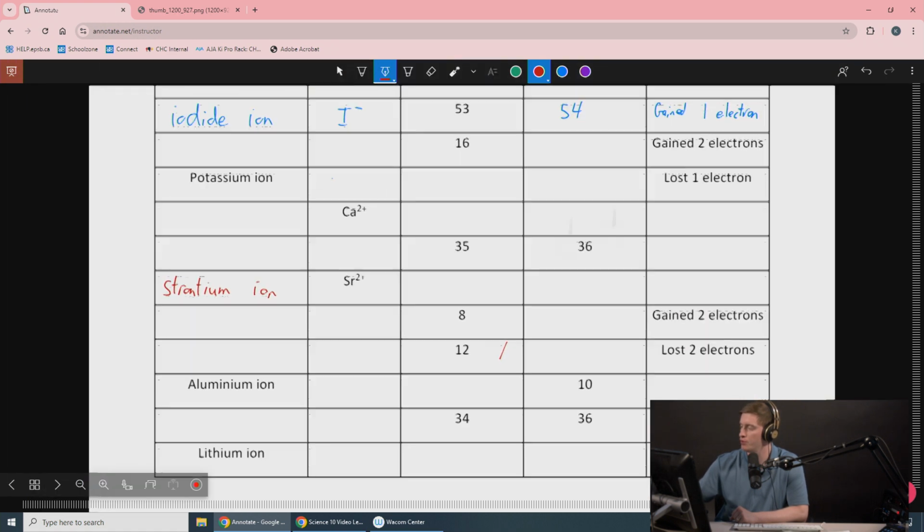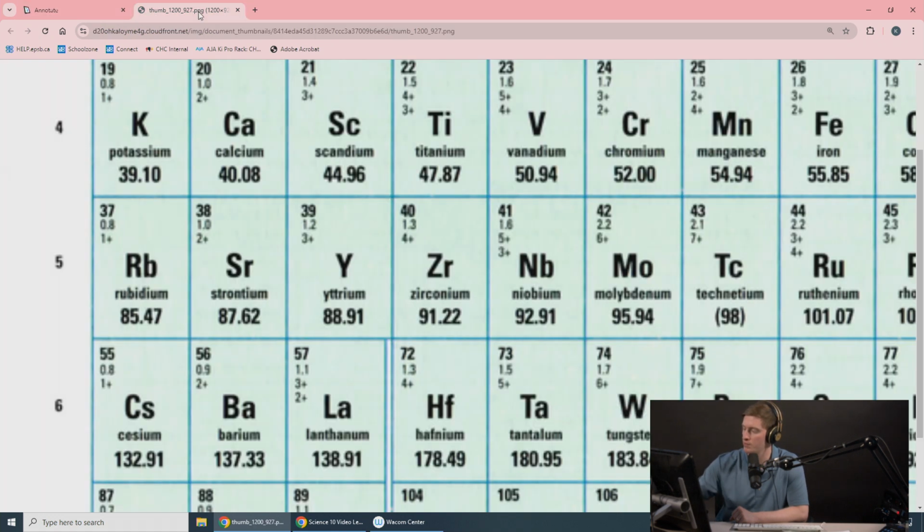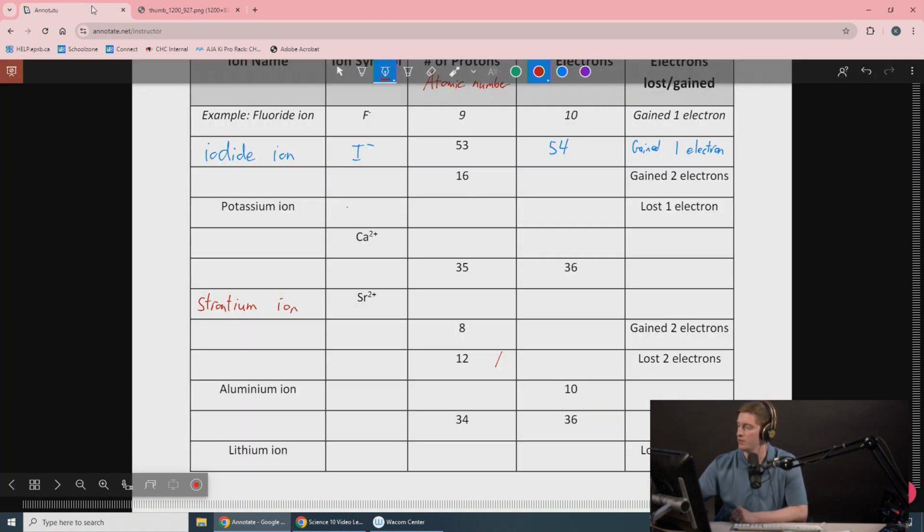And the number of protons is just the atomic number. So strontium is atomic number 38. It will have 38 protons. And the number of electrons, if it's a positive ion, then it should be less than the atomic number by the charge.